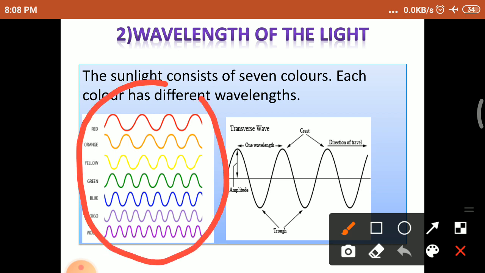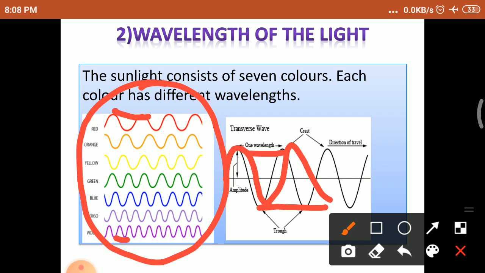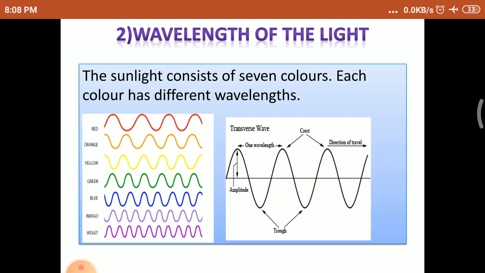This shows the wavelengths of different colors. If you take a wave, the crest to crest distance, or trough to trough distance, is called wavelength. Here red has the longest wavelength and violet has the shortest wavelength. How does this wavelength of light affect the scattering?